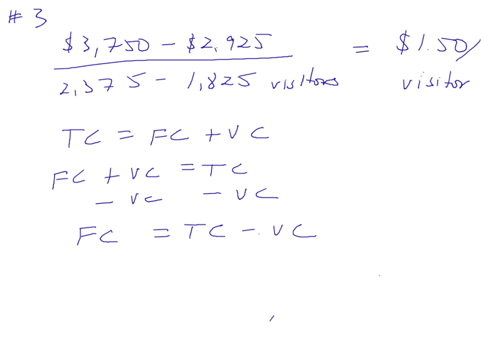So we can pick either data point, the high data point or the low data point. Let me just go ahead and pick the high. With the high year, the total cost was 3,750. So we're going to put that here, 3,750.